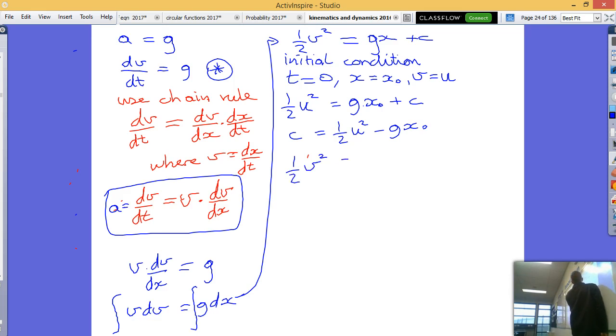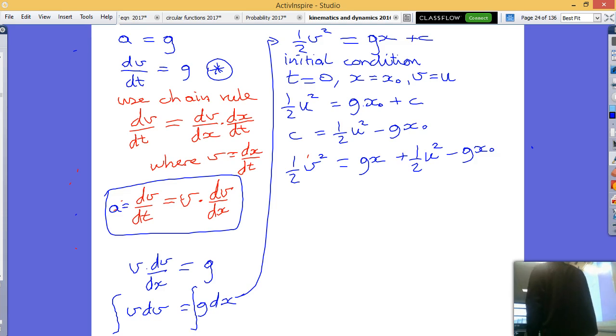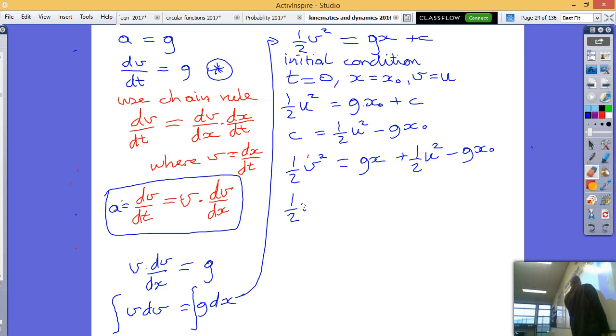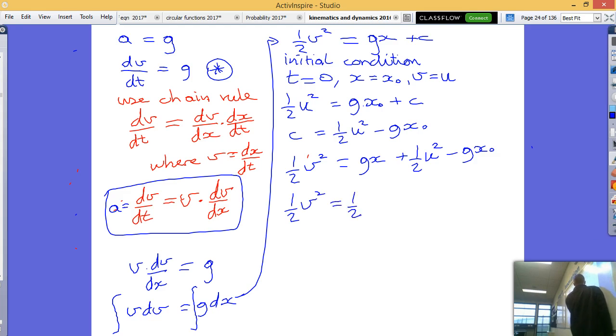Half v squared is equal to gx, and we've got plus a half u squared minus g x naught. Half v squared is equal to, now I've still got my half u squared, but now if you have a look, I've got these two terms with a constant factor of gravity, so I'm going to take that out, gravity as a common factor, and what is left is x minus x naught.